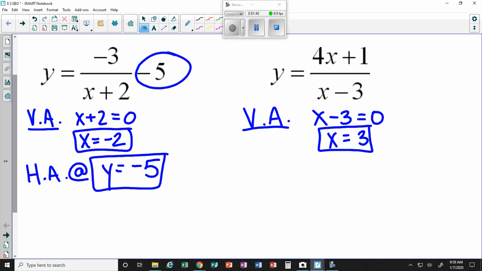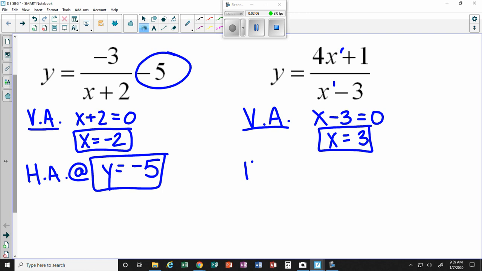Here, does anybody remember how to find it if you have x's on top and bottom? Kind of, we generally don't use the x's. If the powers are the same, these both have 1s on them, right?